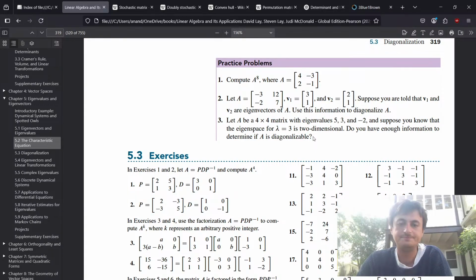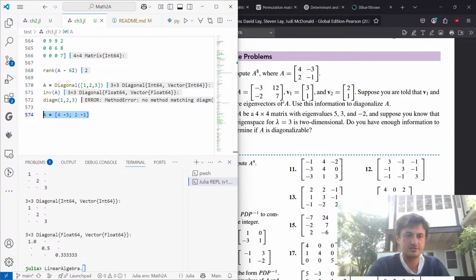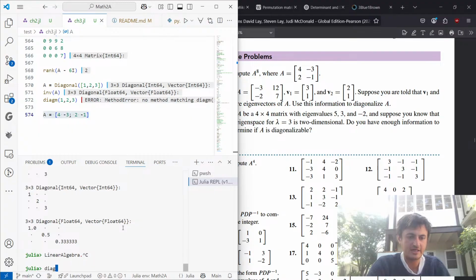All right. So this you do the thing. Wait, but actually, is there a method called diagonalize?